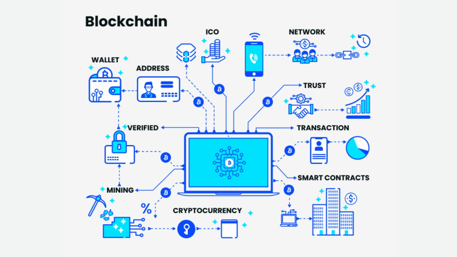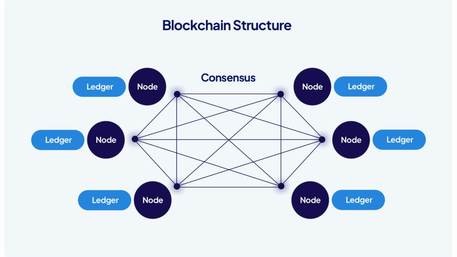So smart contracts are another innovation enabled by blockchain. These are self-executing contracts with the terms of the agreement directly written into the code. They automatically execute and enforce the contractual conditions when predetermined conditions are met, reducing the need for intermediaries and increasing transaction efficiency.